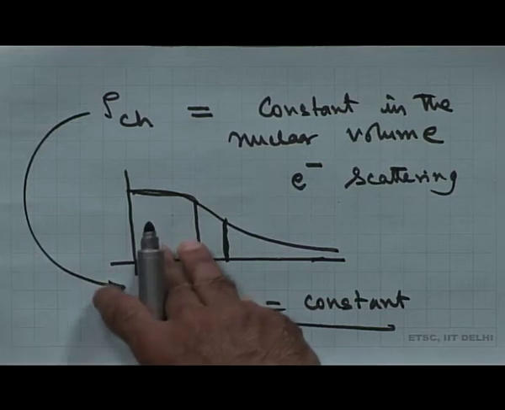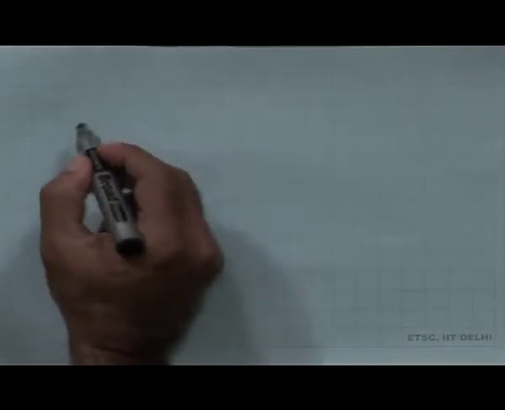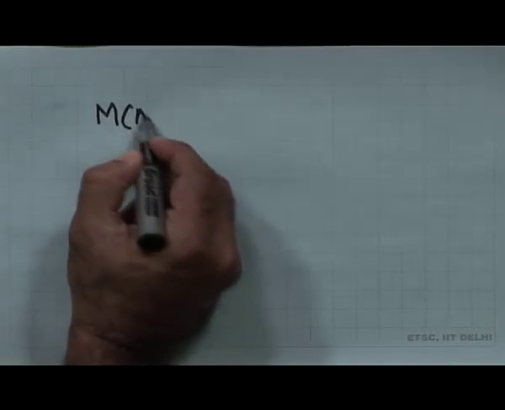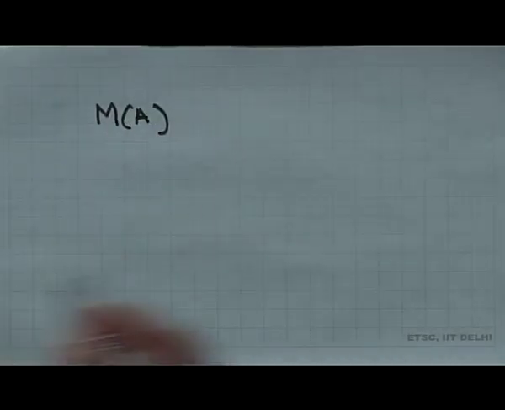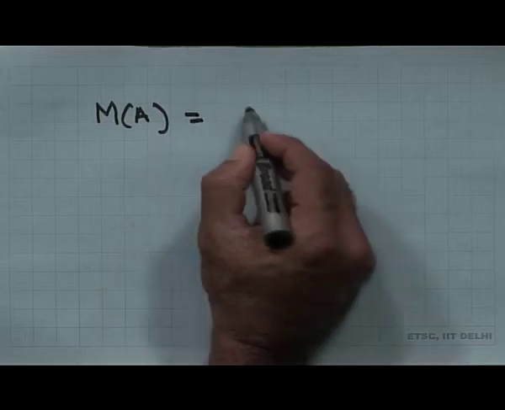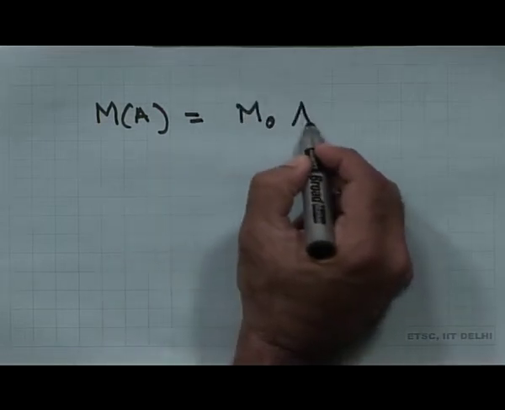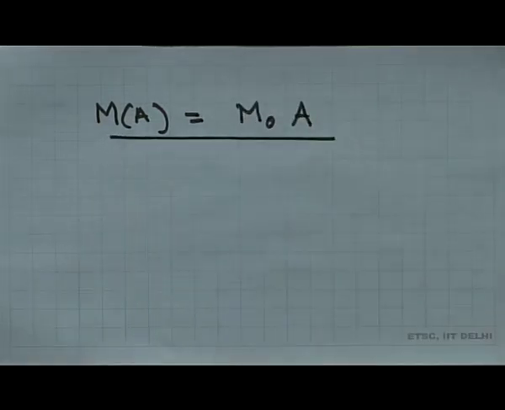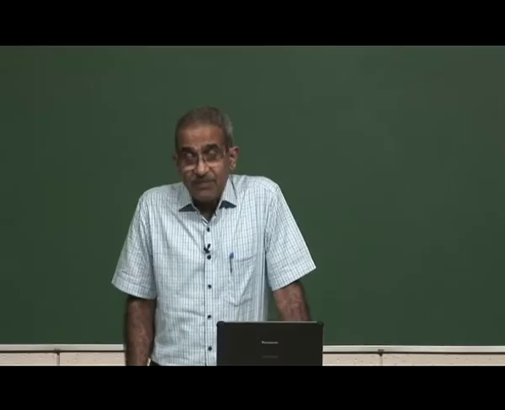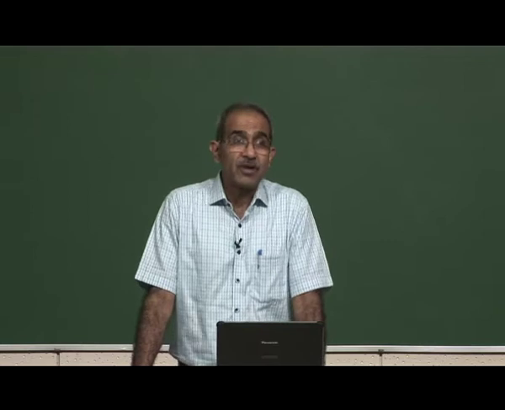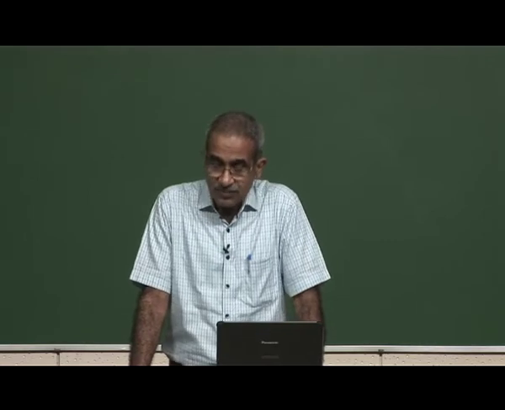In that case, we get a relation that my mass as a function of A grows roughly linearly with A. It will look like m naught into A, because the volume also grows linearly with A. This is a very excellent starting point for us to understand the properties of the nucleus.